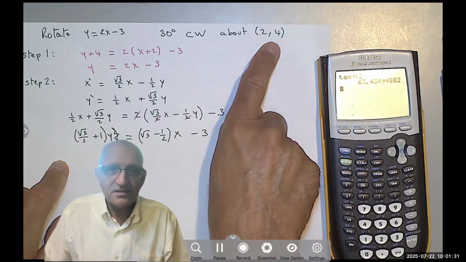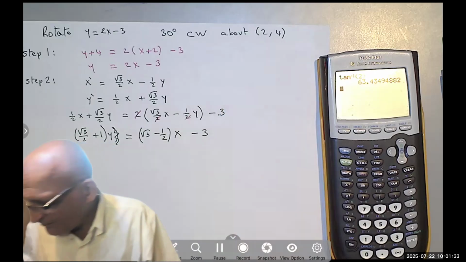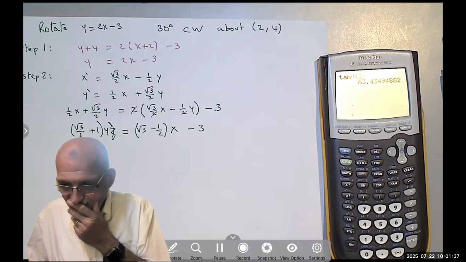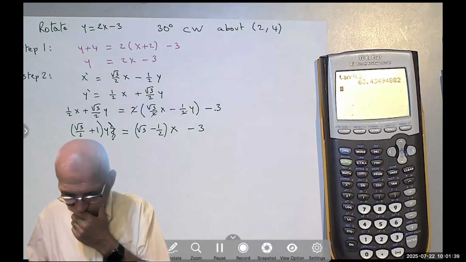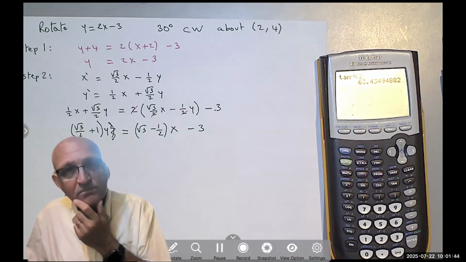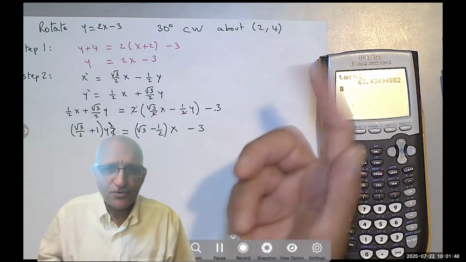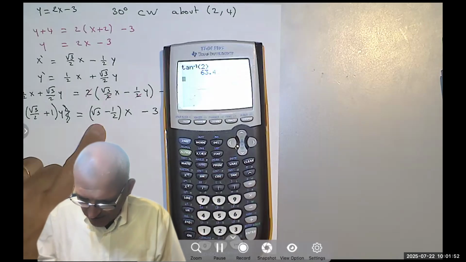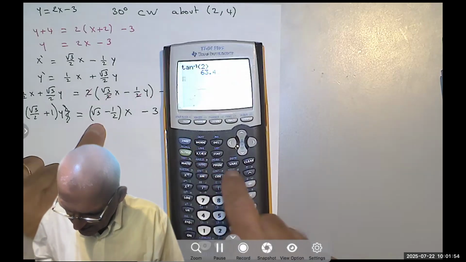Do you think we should finish first? It won't affect the slope, right? Because that's a constant. So let's find the slope here. Inverse tan.